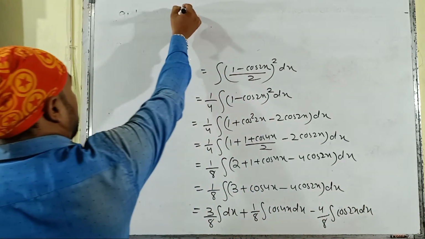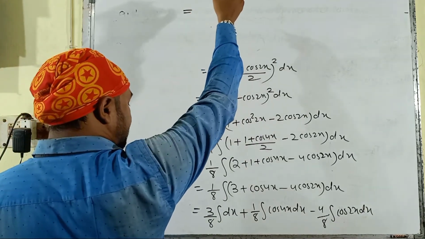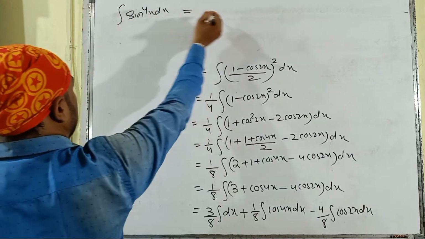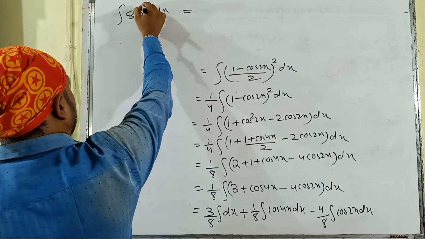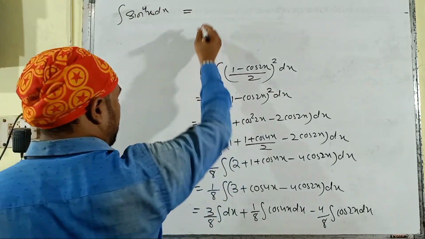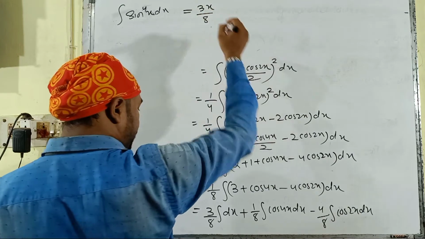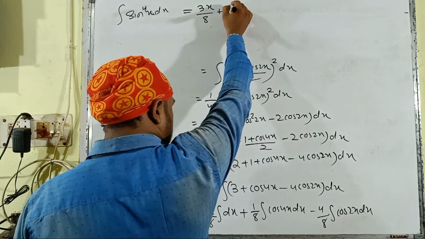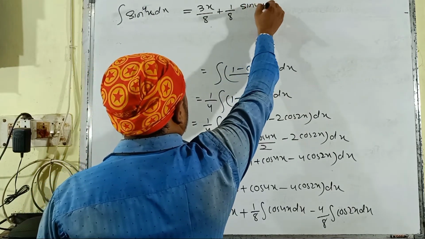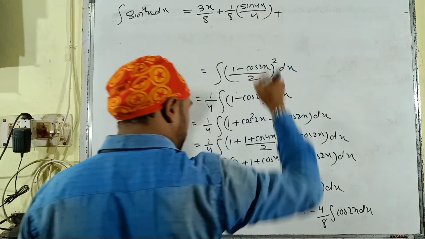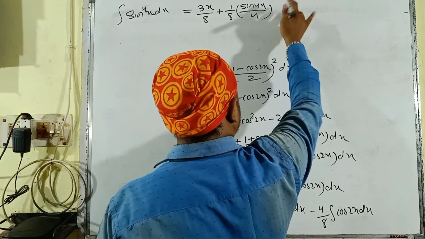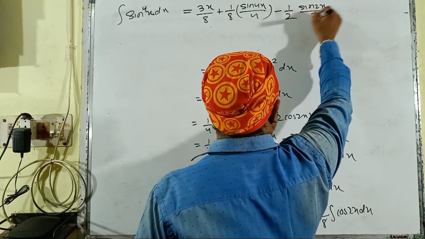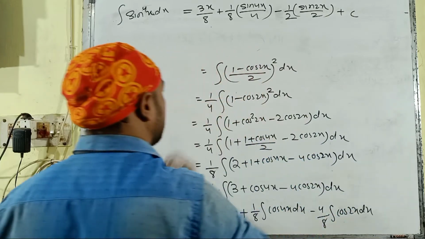Now solving this step, we are just evaluating the integral of sine to the power 4 x dx. So it will be 3x by 8, then 1 by 8 sine 4x divided by 4, minus 1 upon 2 sine 2x divided by 2, plus any constant c.